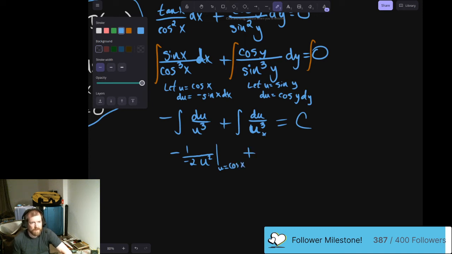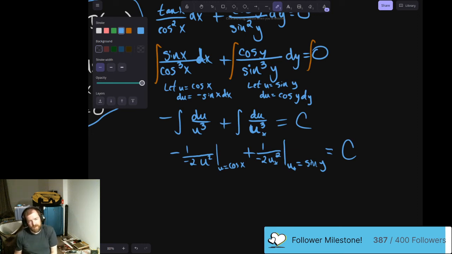Plus, here we end up with the same integral, so 1 over negative 2 u star squared, where u star is equal to sine of y, is equal to c.